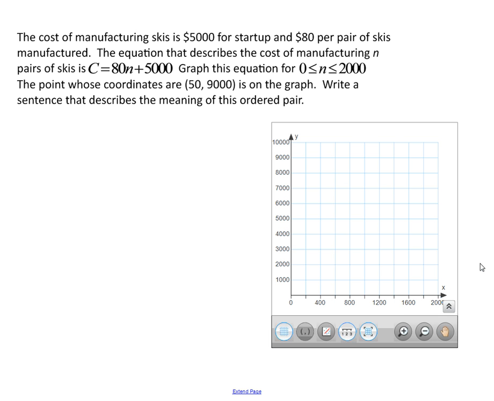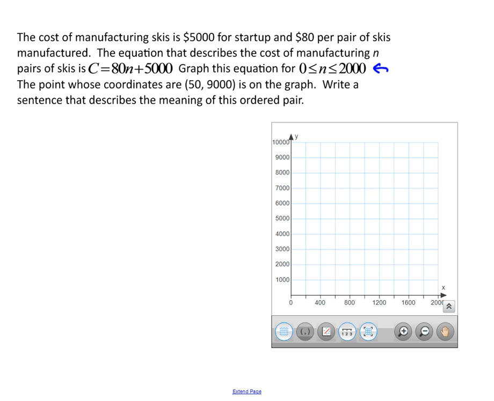Now, 2 points that we definitely need to get. If we're given limitations like this one over here on the side, where we're told that n goes from 0 to 2,000, we actually need to find the values for our value c, which is basically like y for us, when n is equal to 0 and n is equal to 2,000. So use those endpoints.